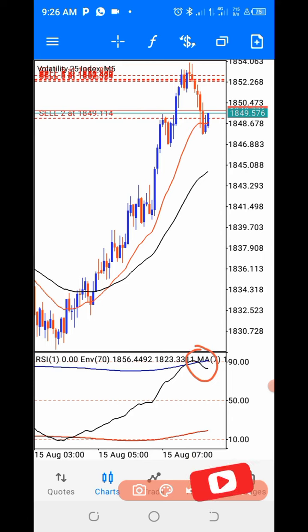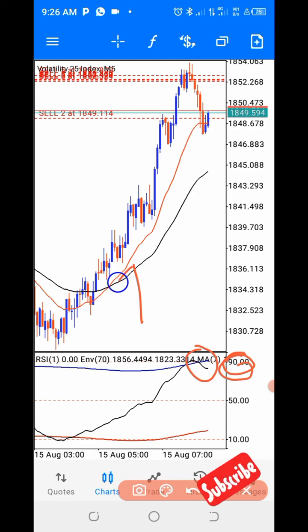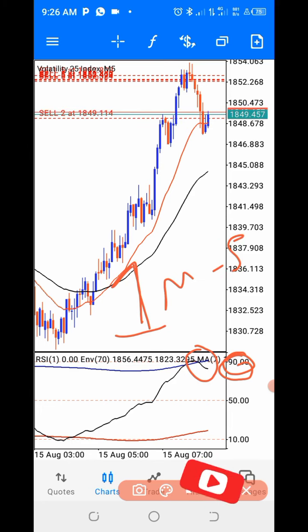It's also aligned at our 90 level. So that was why I was able to take that trade. Both of your time frames, the 1 minute and the 5 minute, have to align together. They must be the same thing.